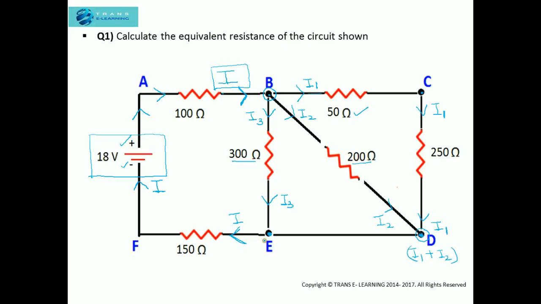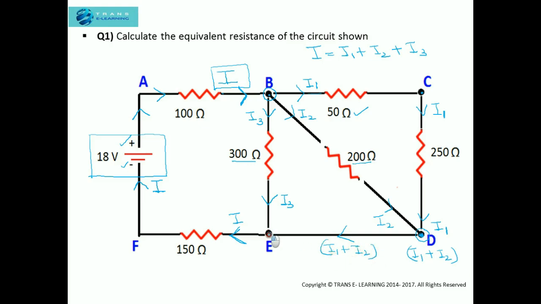So we have to check whether we have done the segregation in the right manner or not. I is equal to I1 plus I2 plus I3, because we have divided this current into three smaller currents. So here at this D we have I1 and I2. If I draw the arrow, I will write I1 and I2.